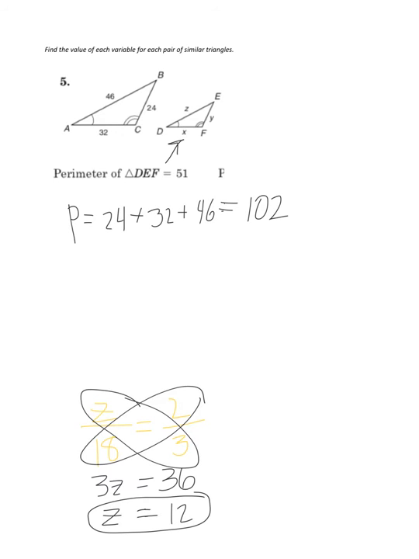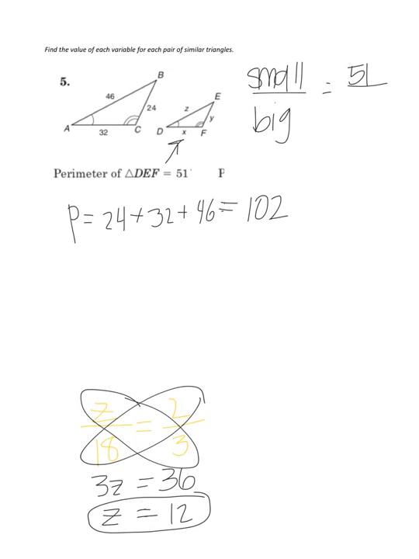Question 2. Find the scale factor or the ratio of the perimeters from small triangle to big triangle, so from triangle DEF to triangle ABC. The correct answer there would have been: the perimeter of the small triangle is 51, that's given to us.